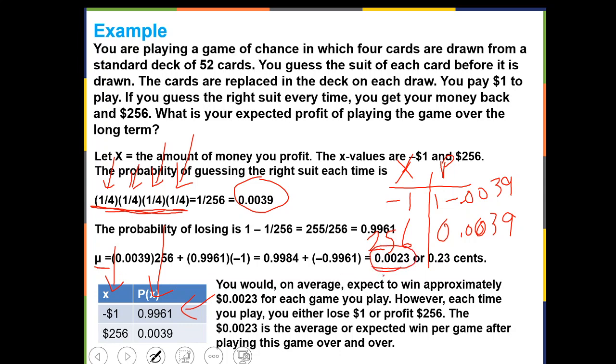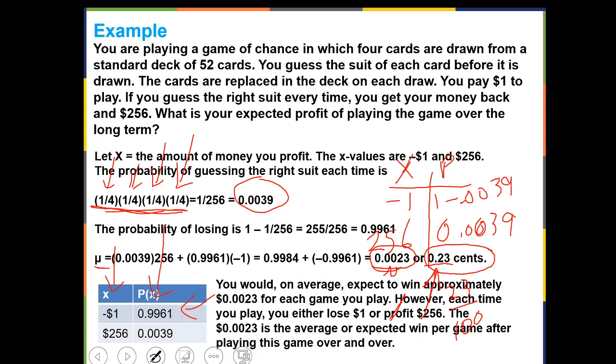Or if you move the decimal 2 places to the right, you get it in terms of cents. So this expected value is positive. That means in the long run, you can actually win this much every time you play. But notice that this much is a really small amount. That's 23 over 100 of a penny.